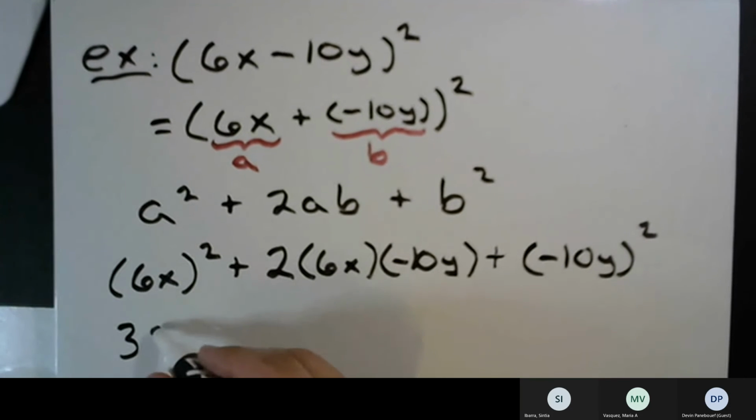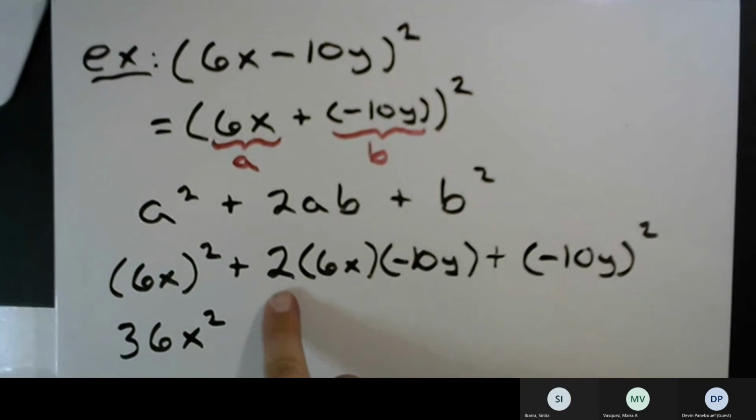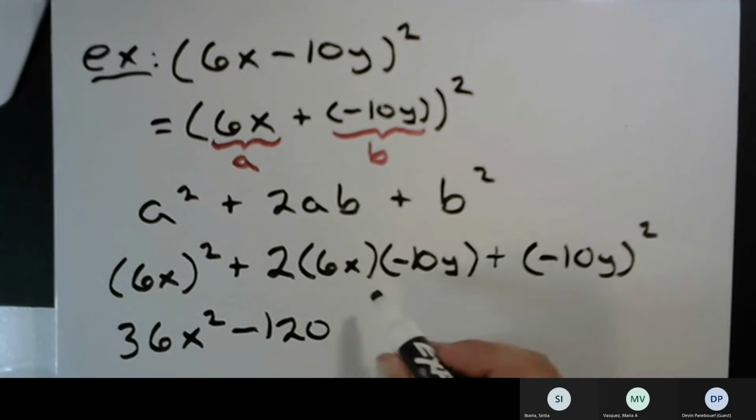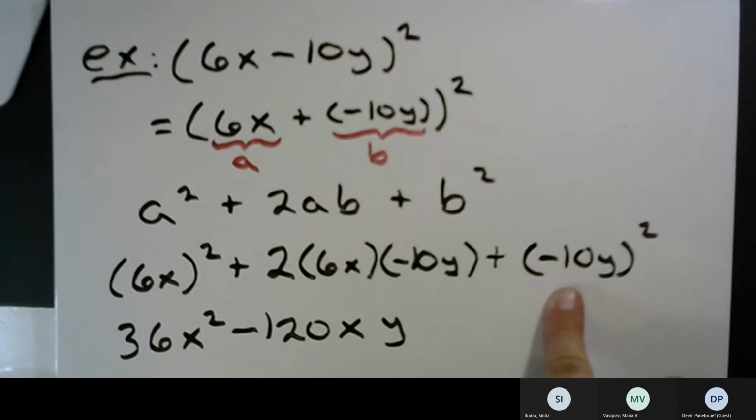So this will be 36x squared. 2 times 6 times 10 is negative 120. So that becomes a minus 120. We have an x and a y. Negative 10 squared is 100. Negative 10 times negative 10 is positive 100.